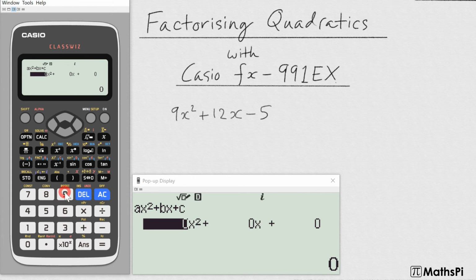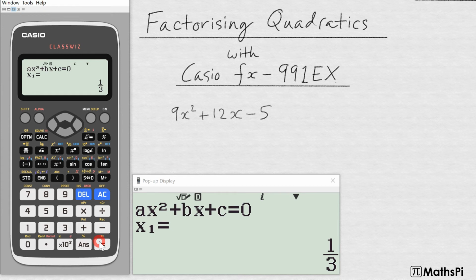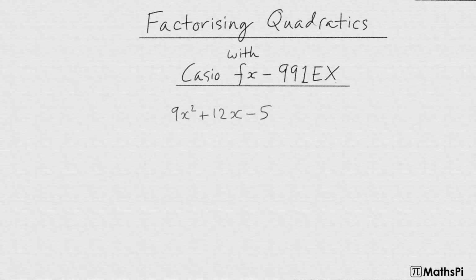Just putting in the coefficients there, 9x squared, 12x, minus 5, and then there we're going to get the solutions. X equals a third, and x equals -5/3.